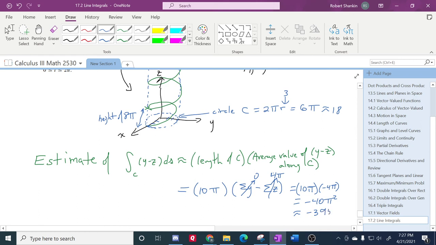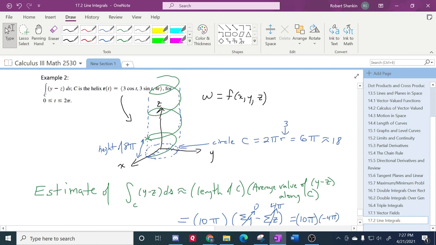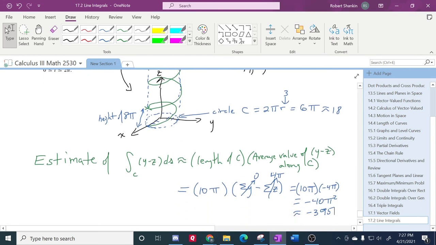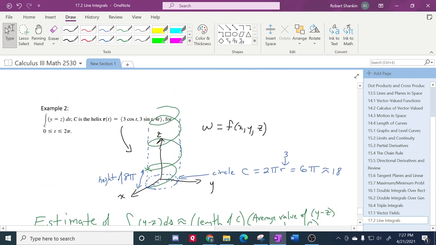Close enough. All right. Now, so somewhere our estimate is negative for this thing, because of the negative sign in front of the z over here.